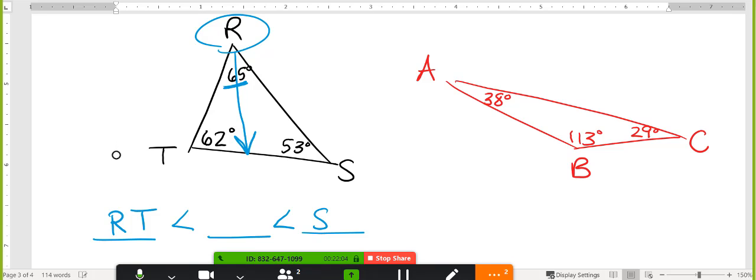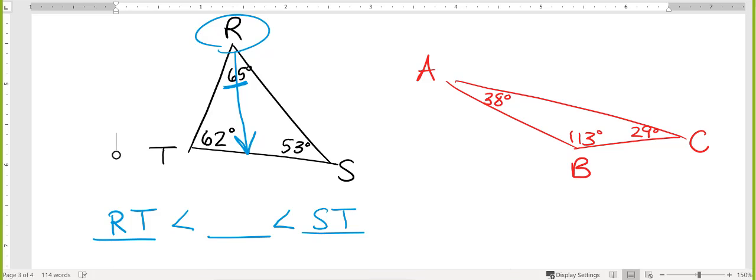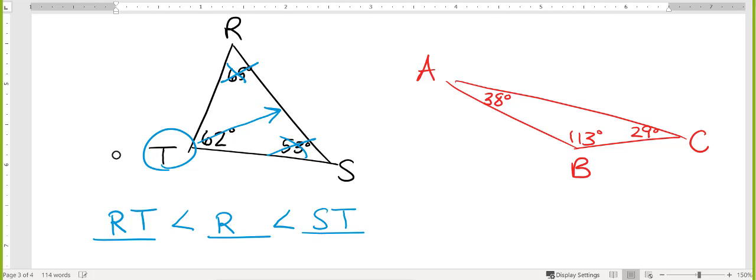So ST or TS, either way, would be the biggest. So which side would be in the middle? We've done the smallest, we've done the biggest. The one in the middle is angle T. So the side in the middle would be side RS.